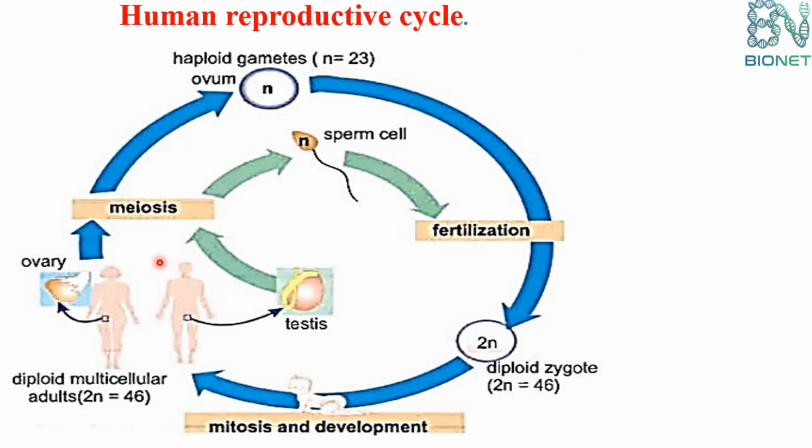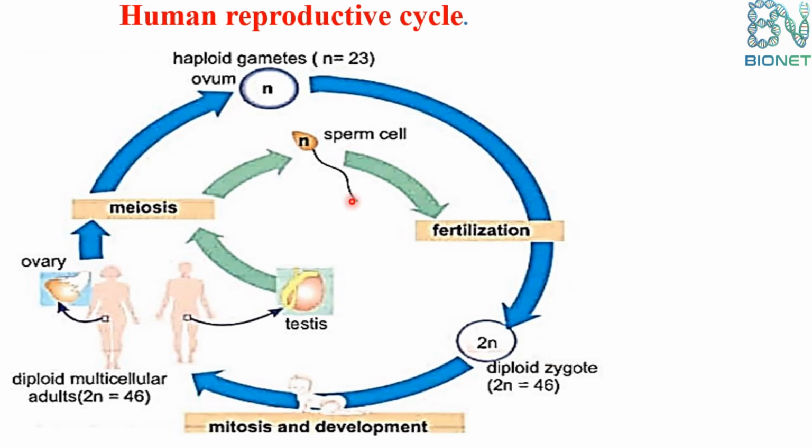So we can see that the human reproductive cycle is characterized by two phases, a diploid phase and a haploid phase. The haploid phase is restricted to the gametes. So the only haploid cells are the gametes.